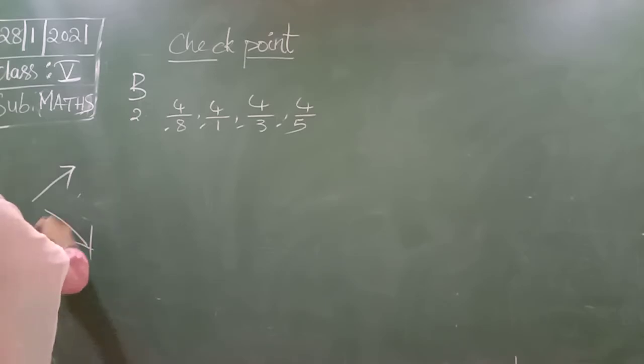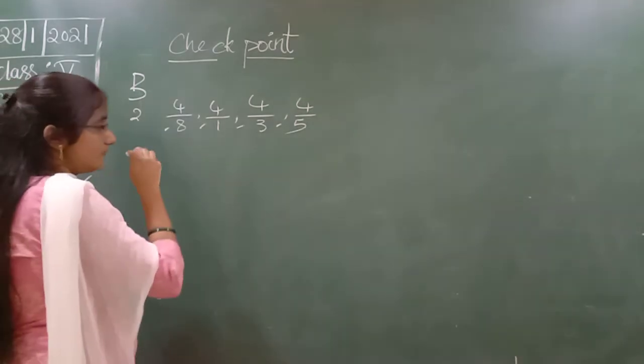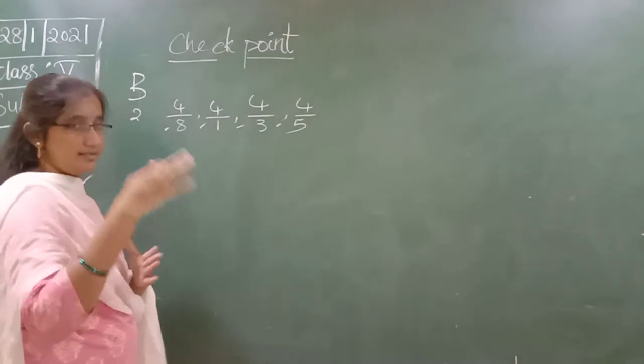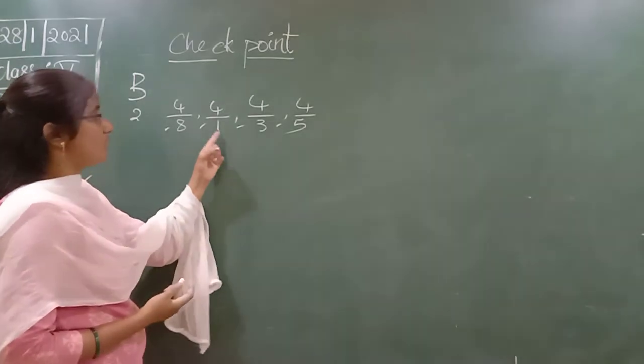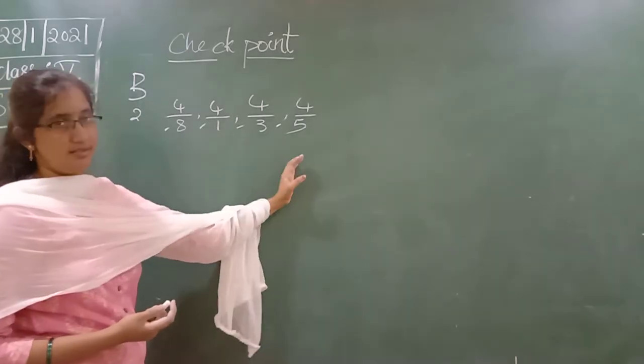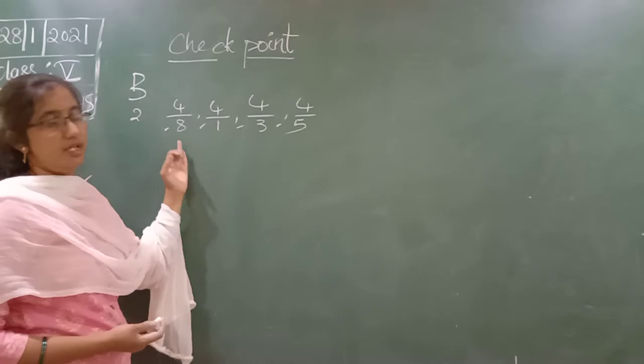Here they have asked for ascending order, so we have to put them in increasing order. The fraction with the greatest denominator is the smallest, so it should go first.